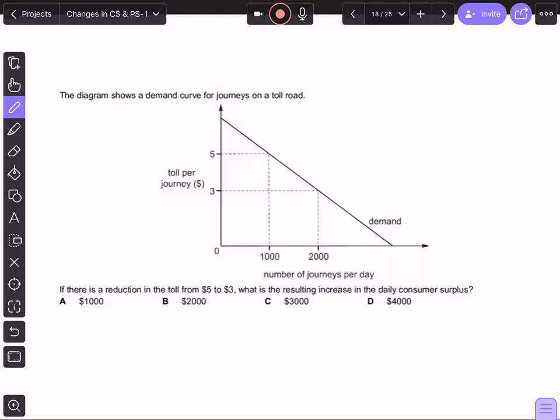So what will be the resulting increase in the consumer surplus? ये जो एरिया है आपका ट्रेपीजियम वाला, इसका एरिया क्या आ रहा है? सबका सी आ रहा है. एक मिनट, 2 into 1. हाँ, the answer will be 3000. That will be the resulting increase in the consumer surplus.